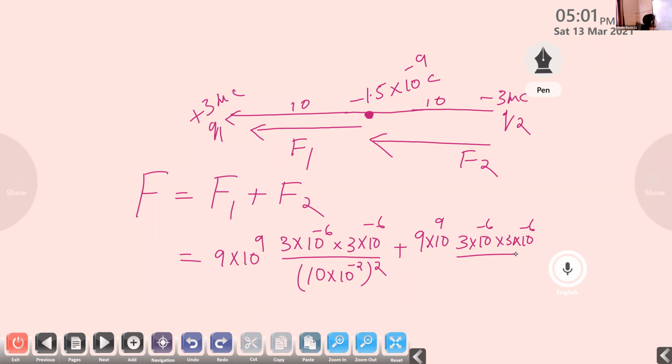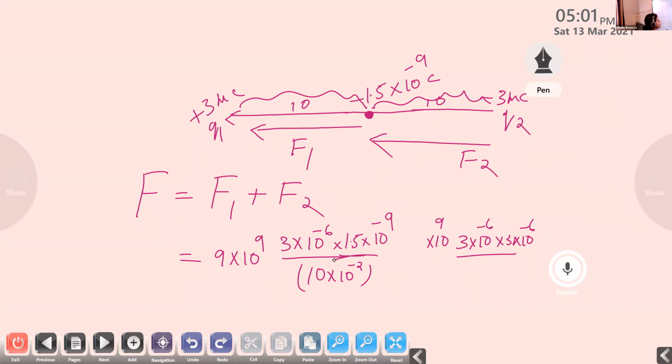Not 3. Why are you not correcting me? What is the distance of separation between the two charges? At the middle we have negative 1.5. We are finding Coulomb's law between Q1 and the middle charge, and similarly the distance of separation between Q2 and the middle. So 3 × 10^-6 × 1.5 × 10^-9.